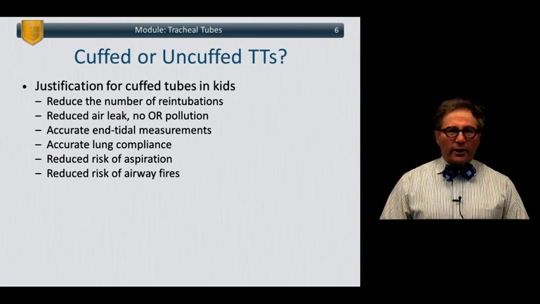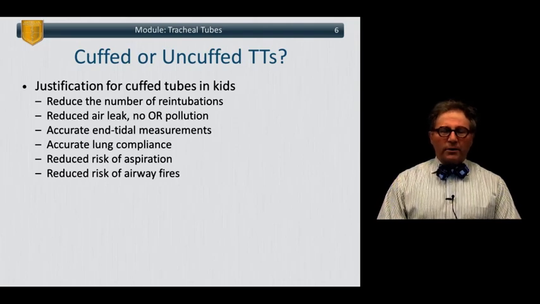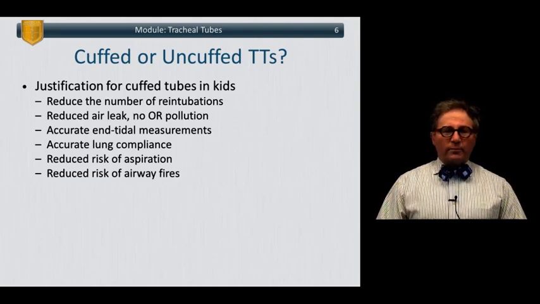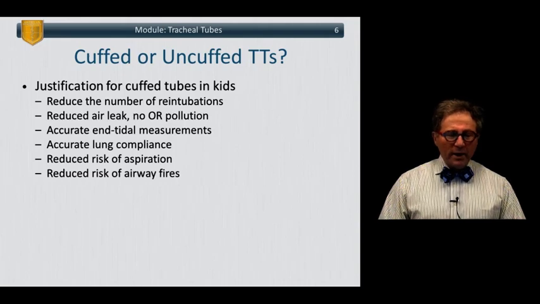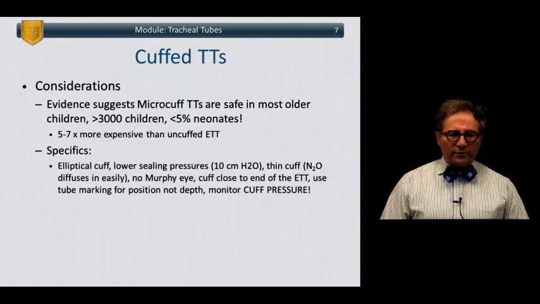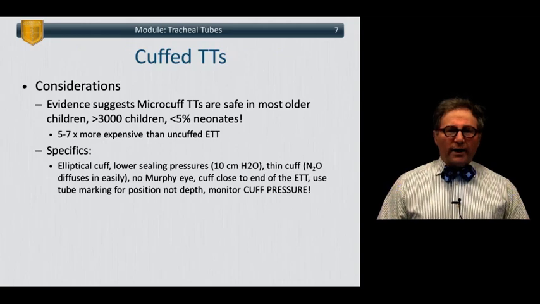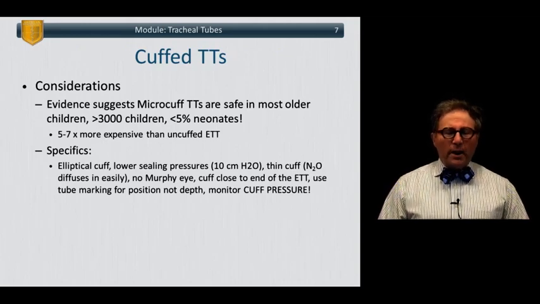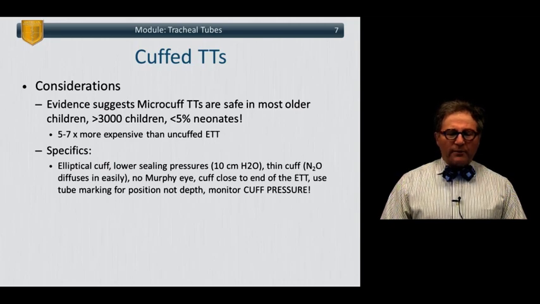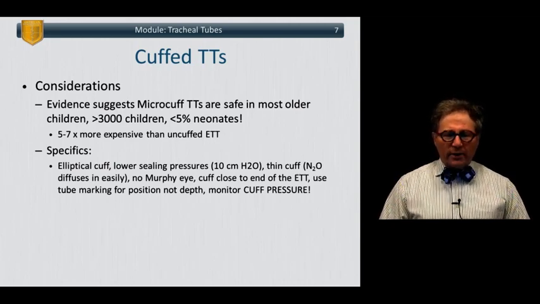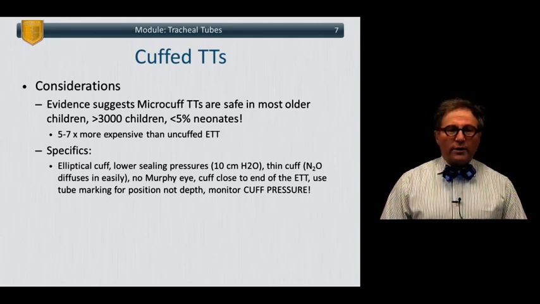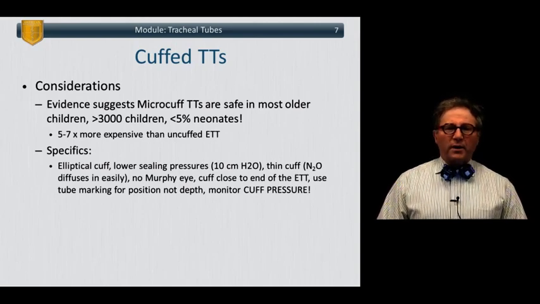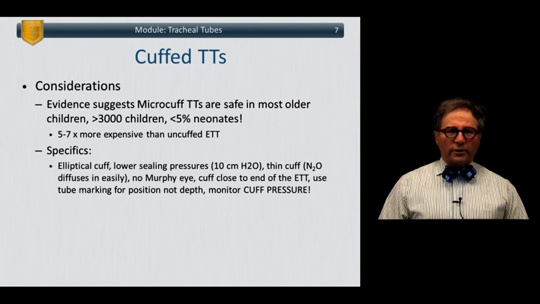There is no greater risk of a fire or aspiration with an uncuffed tube, something we have done for more than half a century. Nonetheless, people are moving towards cuffed tubes. And one of those that has caught the eye of many practitioners has been the Microcuff tracheal tube. In fact, large studies have demonstrated that it's particularly safe in older children, with more than 3,000 children being studied, showing no risk of subglottic stenosis or edema.